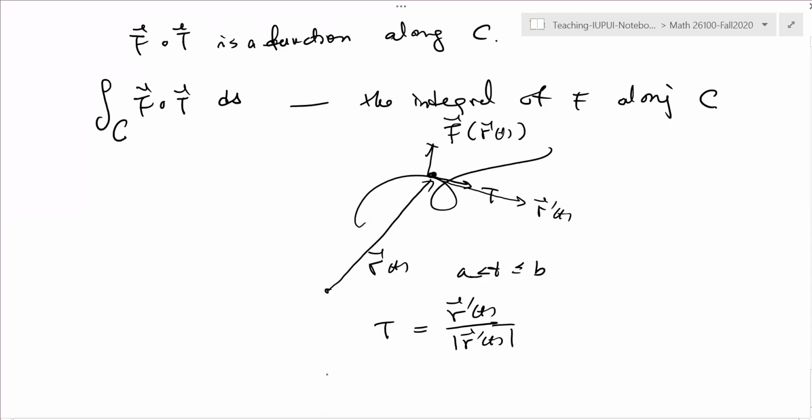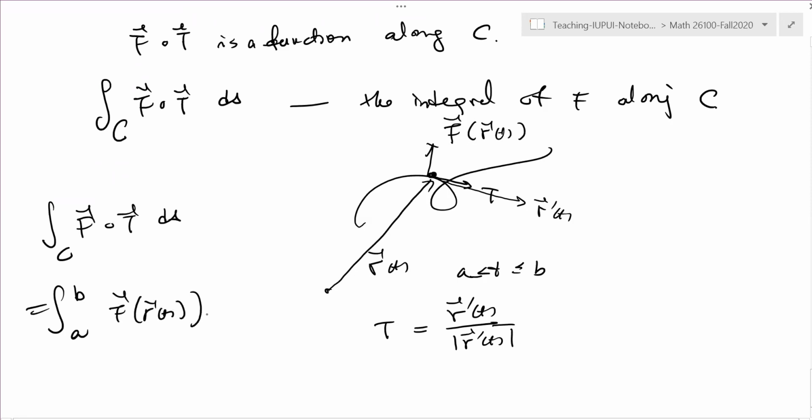So now it's clear. Let's try to figure it out. So the integral of F dot T ds is going to be, changing to a to b, F, and the unit tangent vector, and this is the function.